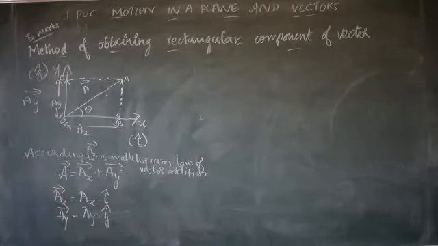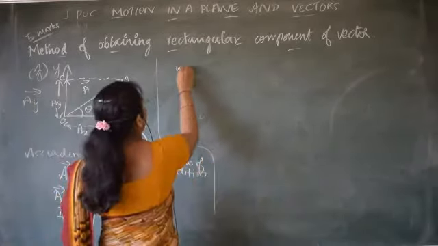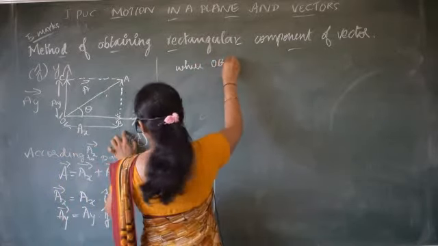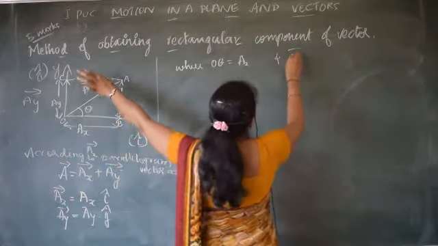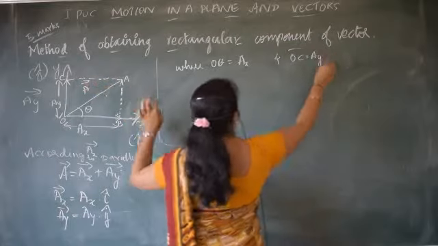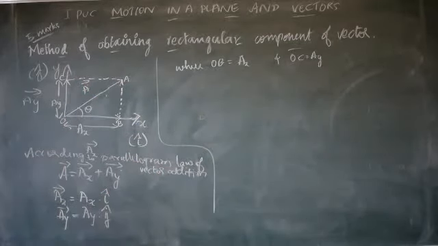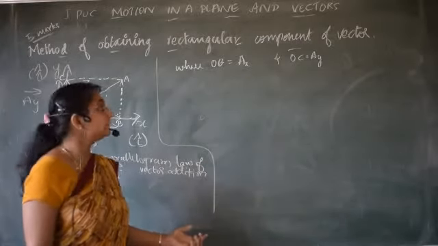We got two expressions. OB is equal to Ax, and OC is equal to Ay. Correct? Where Ax and Ay are the real numbers.